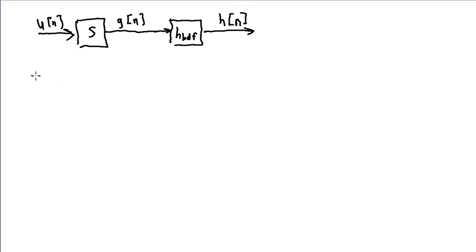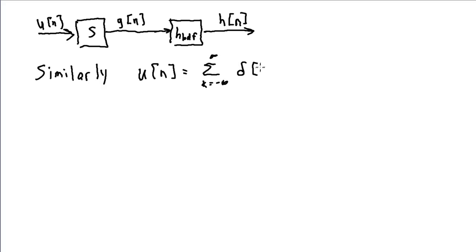Similarly, we can actually relate the step response to the impulse response. We can write u of n as this summation, the sum from k equal minus infinity to infinity of delta k.